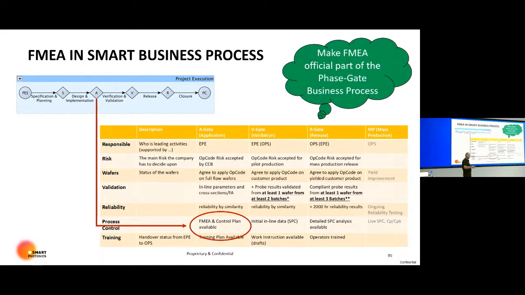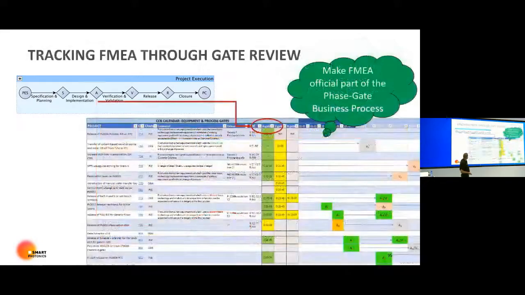If you become sloppy in that, then your engineers will take advantage and they won't do the FMEA. This is very detailed, tracked into the A gate, and there's a whole database behind it. And in that database is also the FMEA. That's addressing some of the issues you raised in the previous talk.